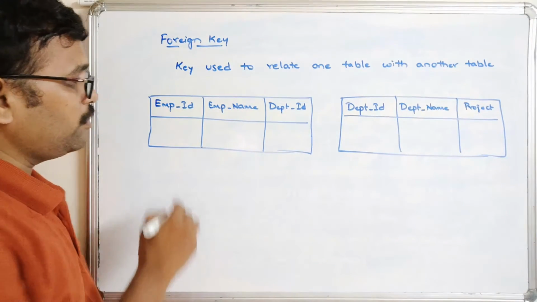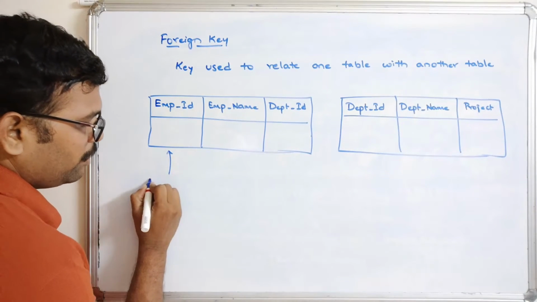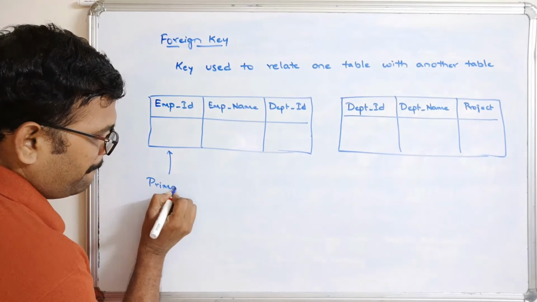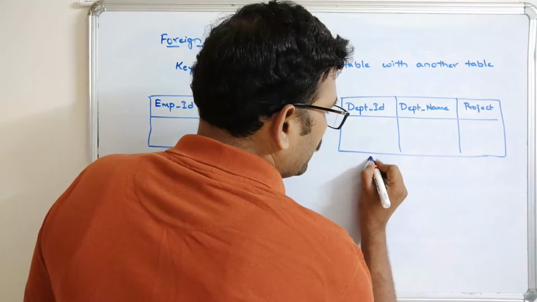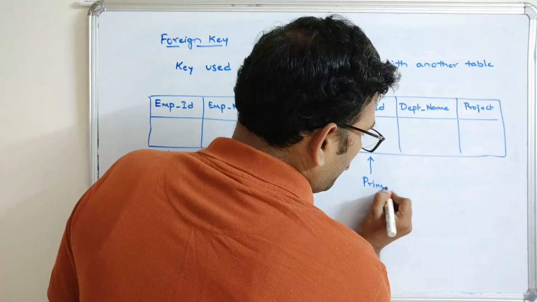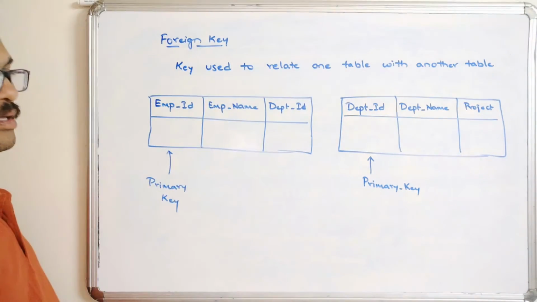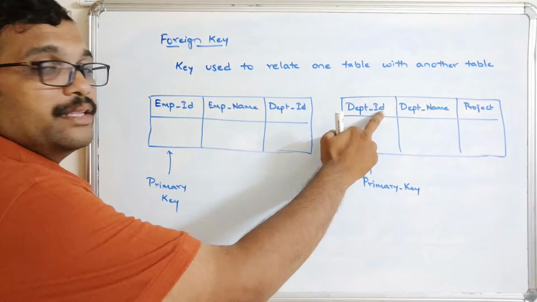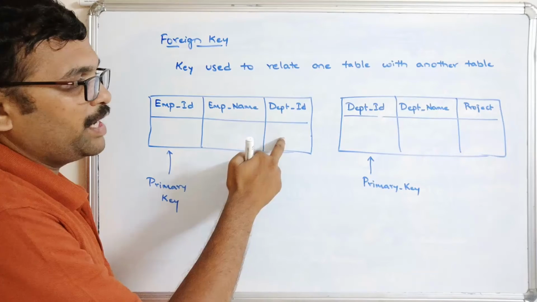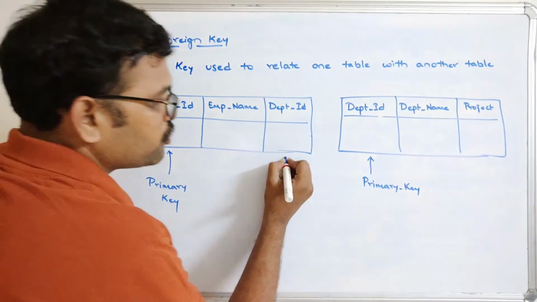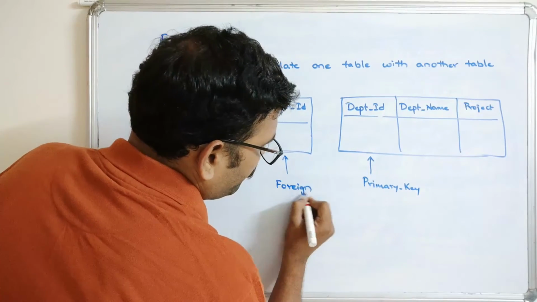Here you can observe that in the employee table, employee ID is considered the primary key, and in the department table, department ID is the primary key. The same attribute, department ID, is available in the employee table, but it is not a primary key there. So this is considered a foreign key.